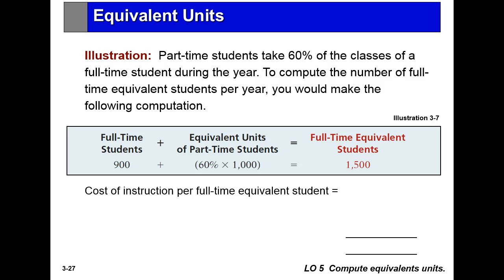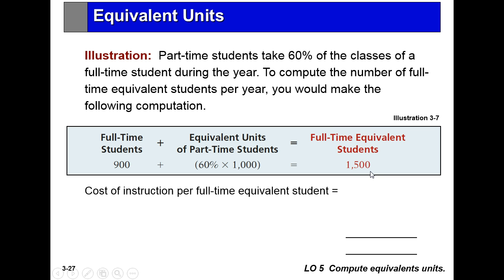Part-time students take 60% of the classes of a full-time student. So to compute the number of full-time equivalent students, you would take the full-time students at 900, but then our 1,000 students are part-time, and we know it's a little more complicated than this because part-time students can take one class, or two classes, or three. But if we estimate that the equivalent is 60% of a full-time student, then our full-time equivalent is 1,500.